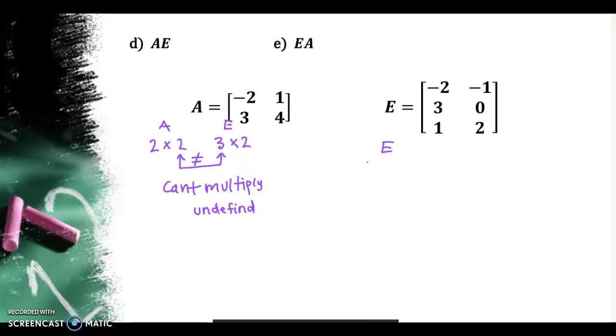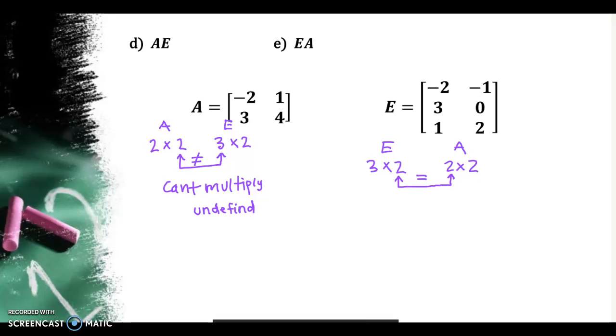matrix E is our 3 by 2. Matrix A is our 2 by 2. And what do you notice? The columns in E and the rows in A are equal. So we can multiply.